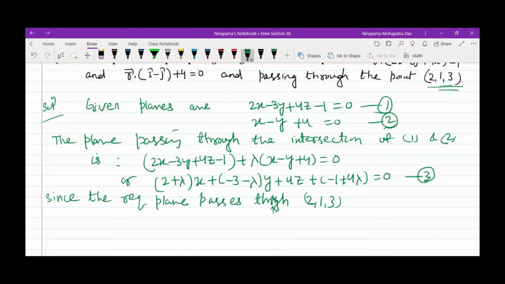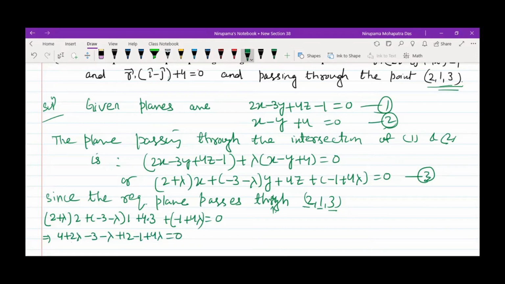Now x is 2, y is 1, z is 3. So putting x equal to 2: (2 plus lambda) into 2 plus (minus 3 minus lambda) into 1, then 4z, that is 4 into 3, plus minus 1 plus 4 lambda equal to 0. Now let's get the lambda here. 4 plus 2 lambda minus 3 minus lambda, then 4 into 3, 12, minus 1 plus 4 lambda equal to 0.